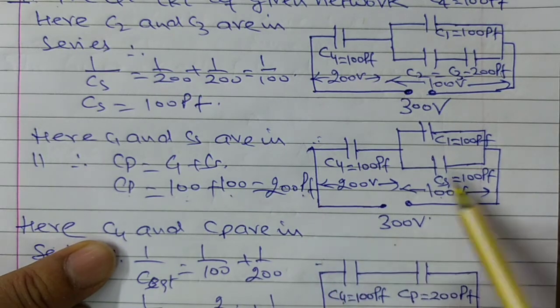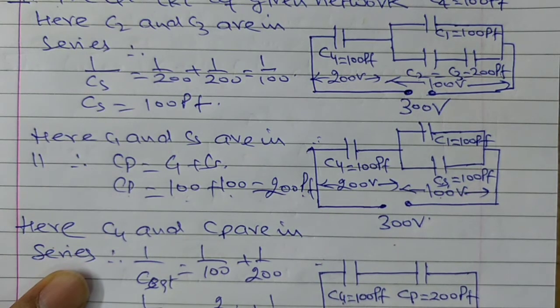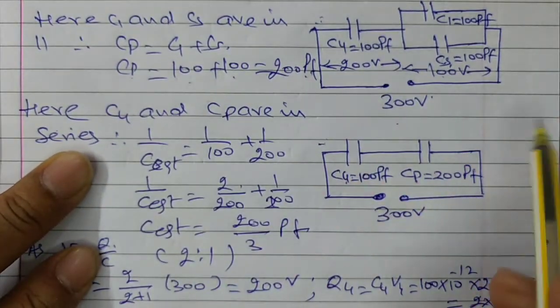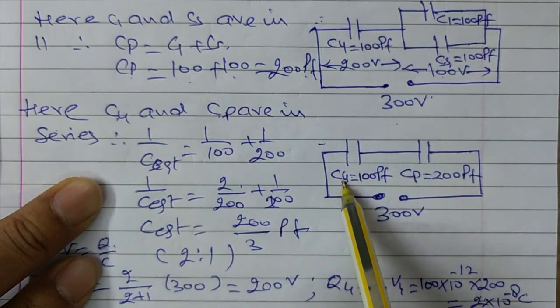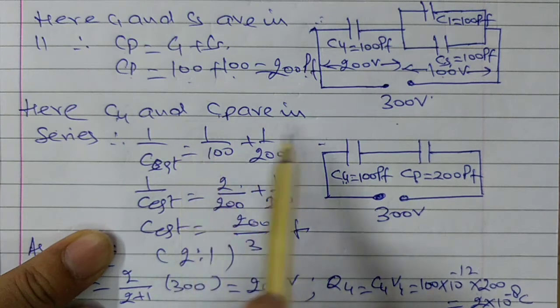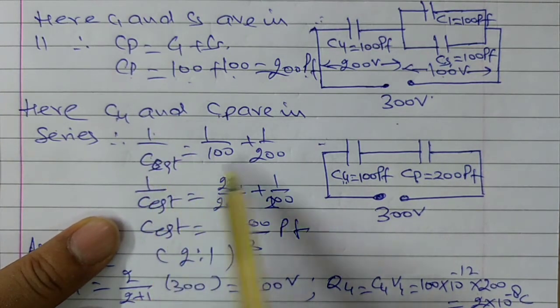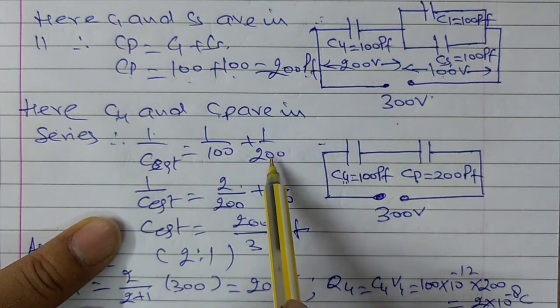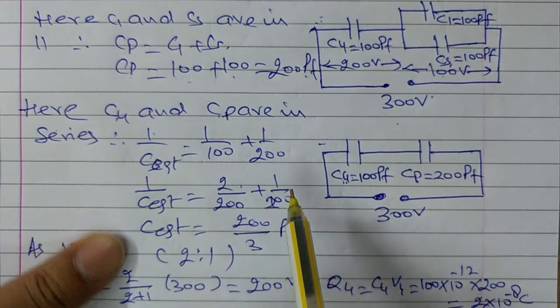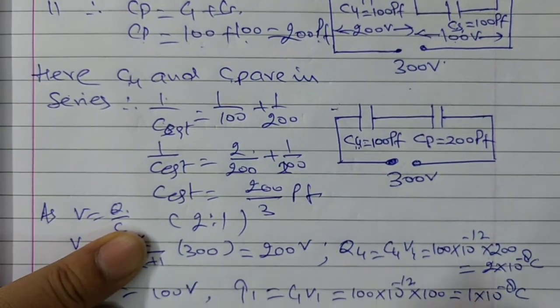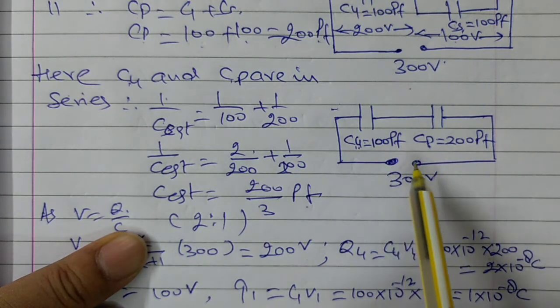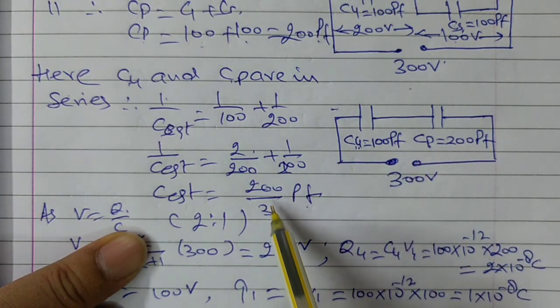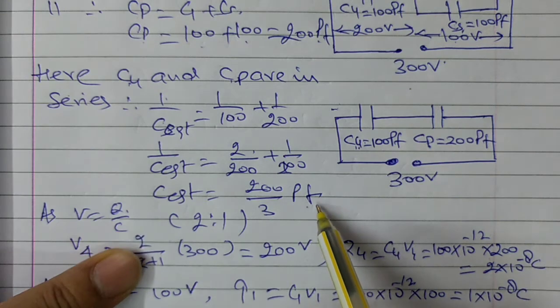This is 200 picofarad, and C4 and Cp are in series. So 1 upon C equivalent is equal to 1 upon 100 plus 1 upon 200, and on solving this is 200 by 3 picofarad. The equivalent capacitance of the given network is 200 upon 3 picofarad.